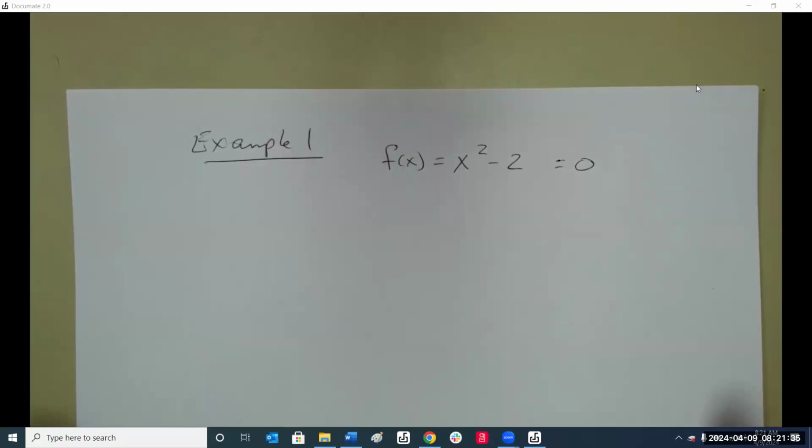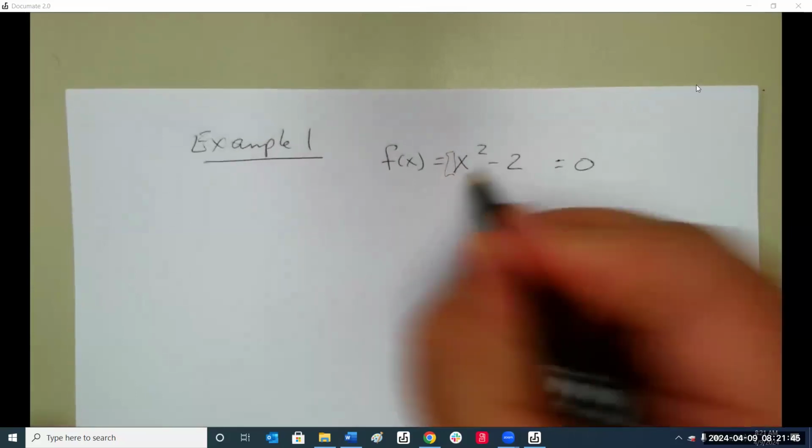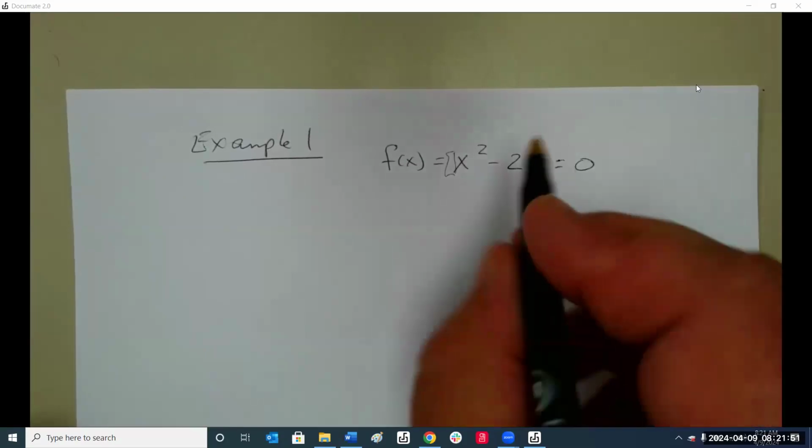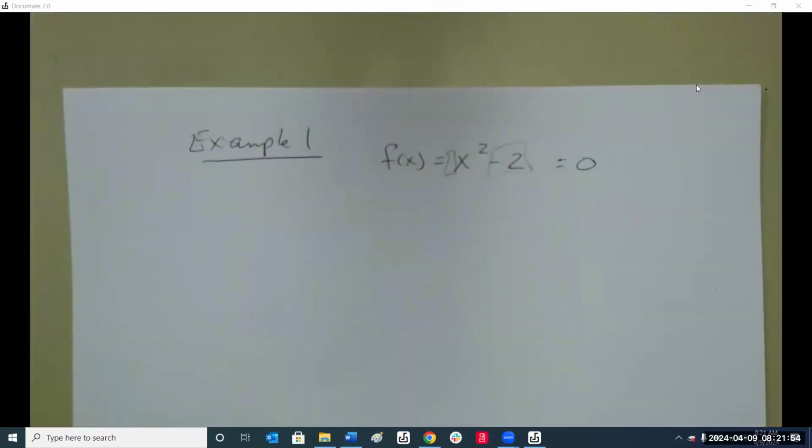It's quadratic. Okay, what else do we know about it? It opens up because the leading coefficient is positive. It goes down 2, right? So because it opens up and it went down 2, we know we're going to have 2 solutions.